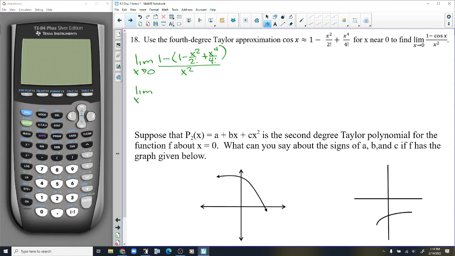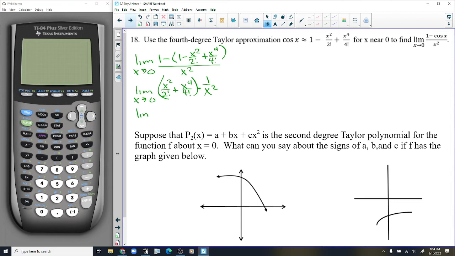So limit as x approaches 0 of 1 minus 1 is 0. And then we're going to run that squared through. But instead of dividing by x squared, we're going to multiply all of this by 1 over x squared. So instead of dividing, we'll multiply by the reciprocal, just like we've been doing in the past.